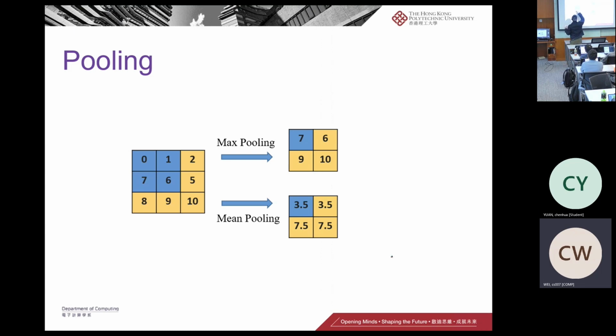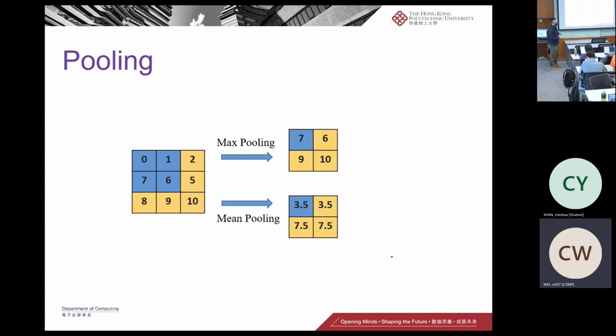What we're doing is, for a certain range of the layer, we summarize the values in this region using the maximum. We pick the max, or we can pick the mean as well, and you can even pick the minimum.